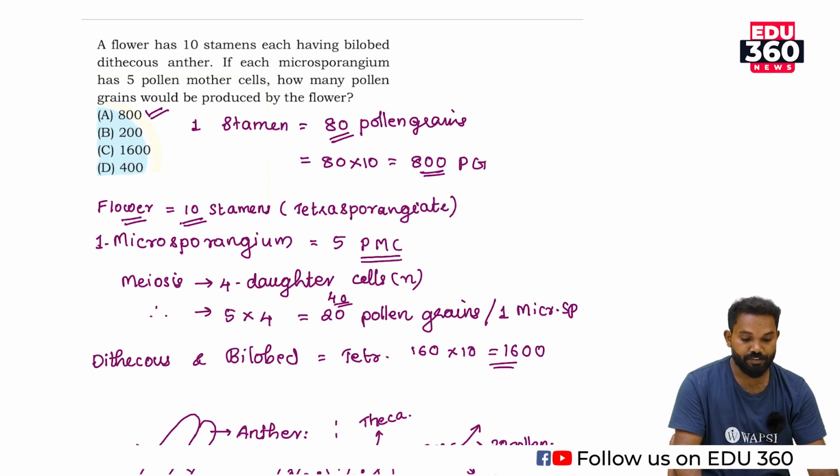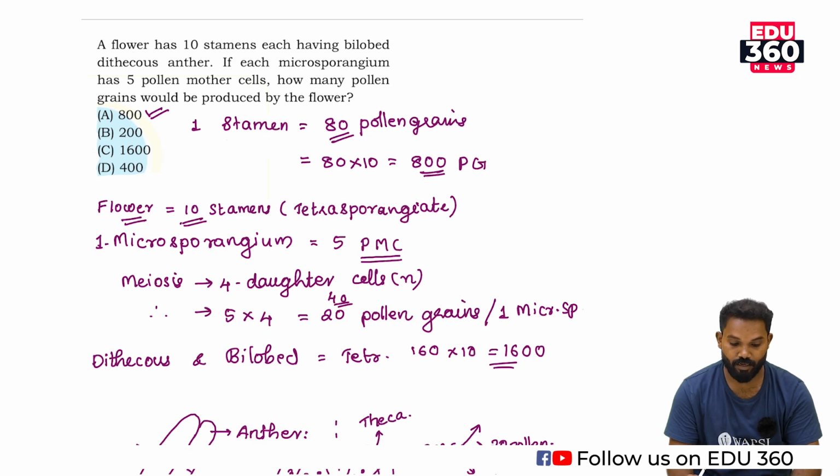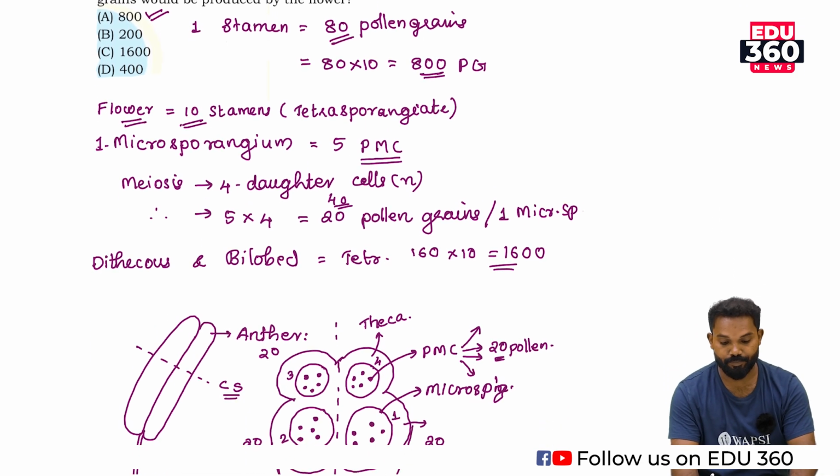If a flower has 20 stamens under the first condition, the answer is also 1,600. Clear? Answer is 800, option A.